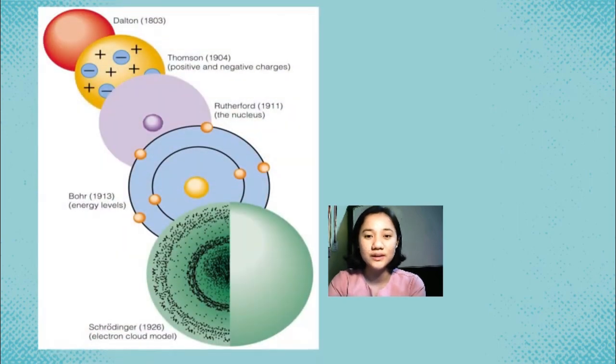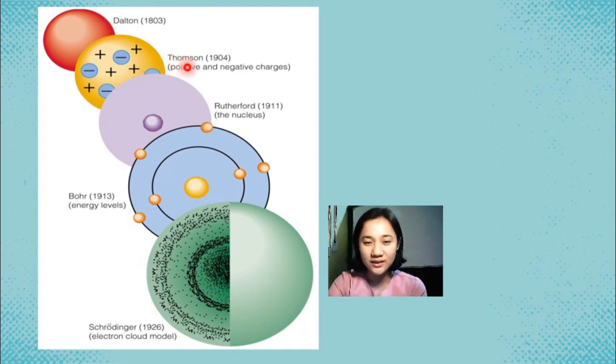Okay, so now let's trace the different models of the atom. First is John Dalton, so para siyang billiard ball. Again, sabi niya kasi atom is already the smallest particle of all matter, pero many scientists proved it wrong.